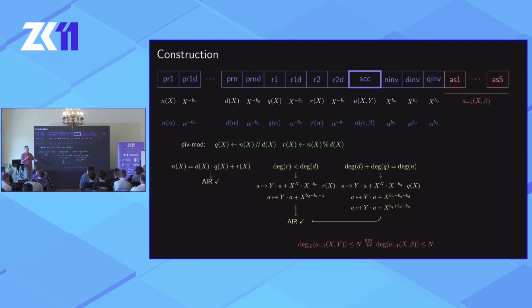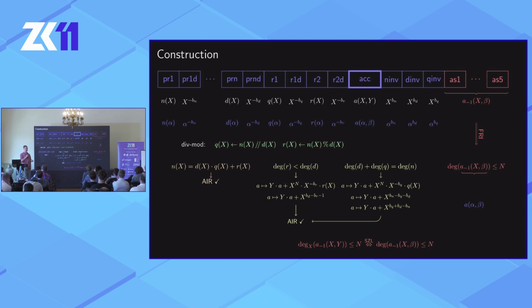And that's what the extra bookkeeping columns in the red on the right are for, because they go into FRI. And so this establishes that some polynomial that we hope is equal to the last row of A evaluated in beta has degree less than N, but it still doesn't establish that it corresponds to the last row of this register. And so how do we establish that?